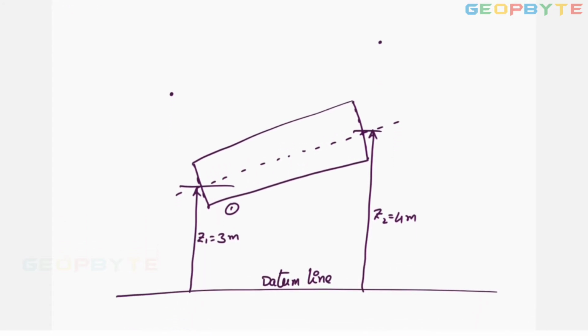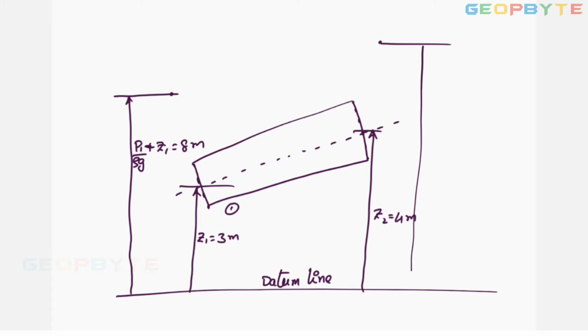This is the piezometric head at entrance. This piezometric head at entrance is P1 by rho g plus Z1 equal to 8 meters. Similarly, piezometric head at outlet is P2 by rho g plus Z2 equal to 9 meters.